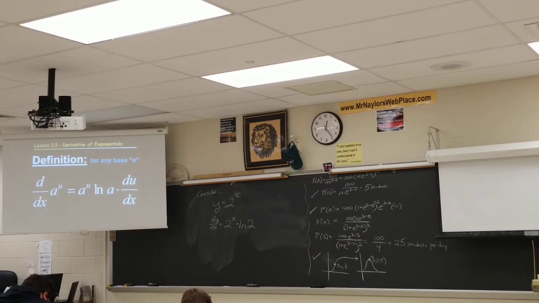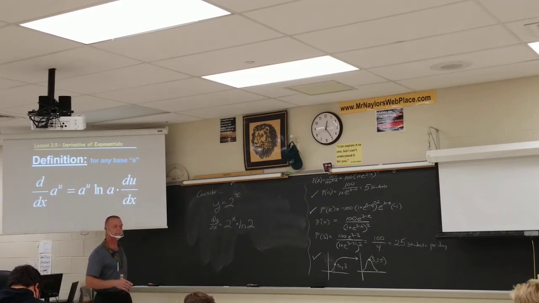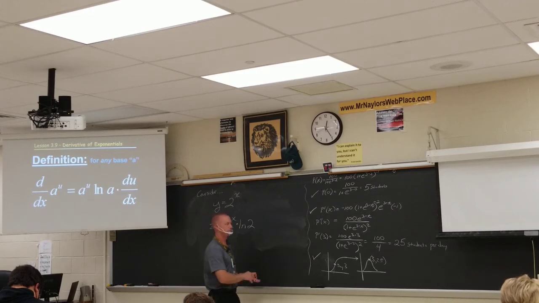That's the whole cool thing here. But then you have to adjust it. It's the ln of a. It's a little adjustment. And then there's always a du dx. Du dx just stands for the derivative of the inside, the derivative of the exponent.